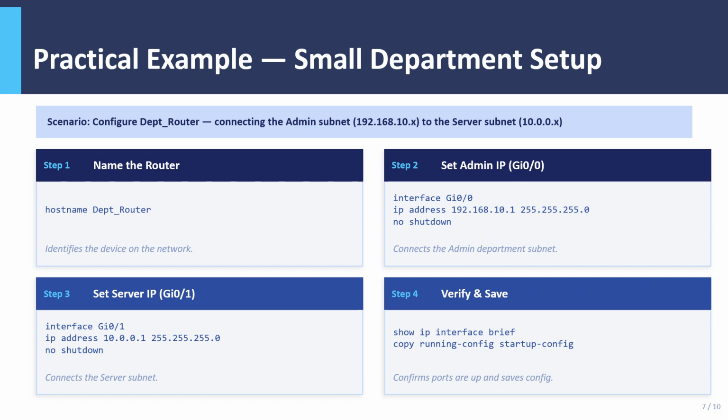Practical example: a small department setup. Now let's tie everything together with a real-world example. Imagine a small company department that has an admin subnet 192.168.10.0/24 and a server subnet 10.0.0.0/24.